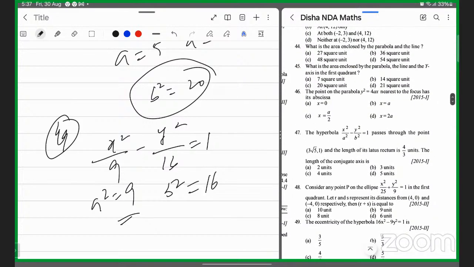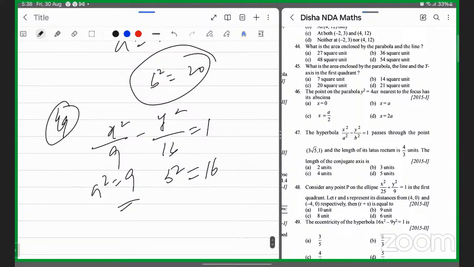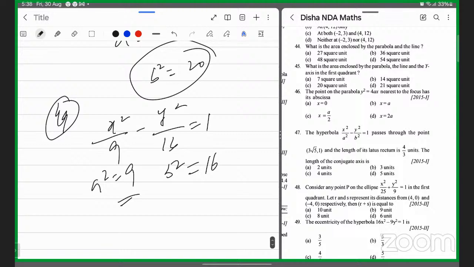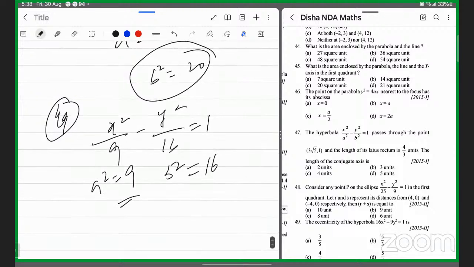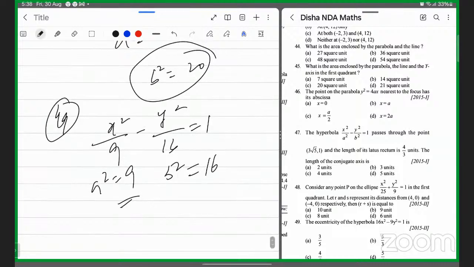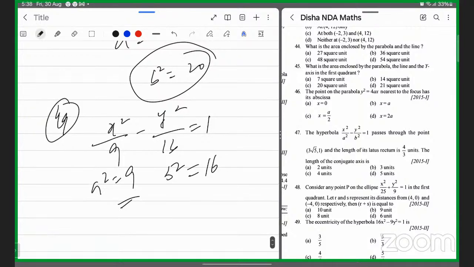Now 46: the point on the parabola nearest to the focus, its abscissa. The point on the parabola nearest to the focus is the vertex.